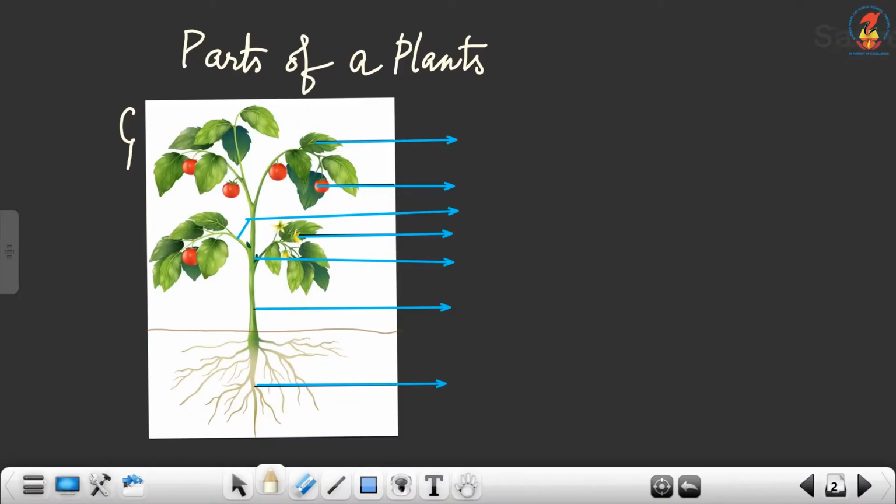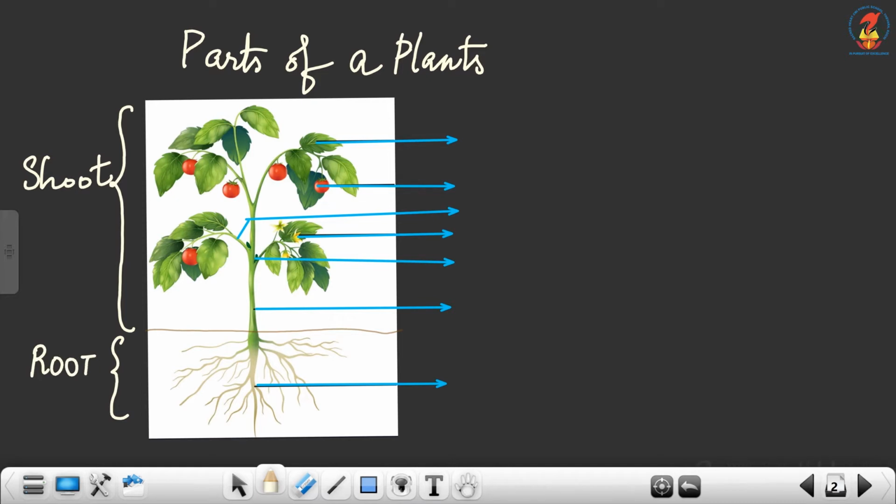So the part that you see above the soil is called the shoot system. Or you can simply call it as the shoot. And the part of the plant that is seen below the soil or below the ground, that is called root.